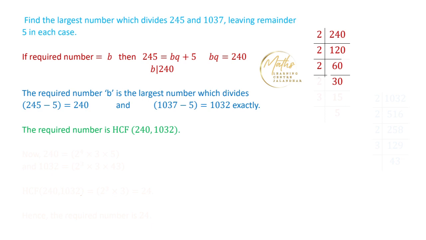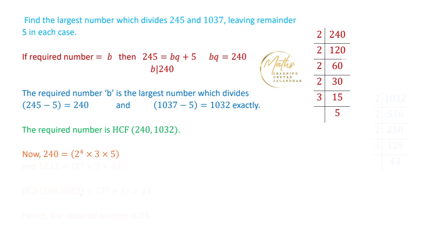This is again divisible by 2, we get the quotient as 15. 15 is now divisible by 3, so we obtain the quotient as 5. So we can write 240 equals 2 raised to the power 4, 2 being there 4 times, 1, 2, 3 and 4 times, multiplied by 3 multiplied by 5.